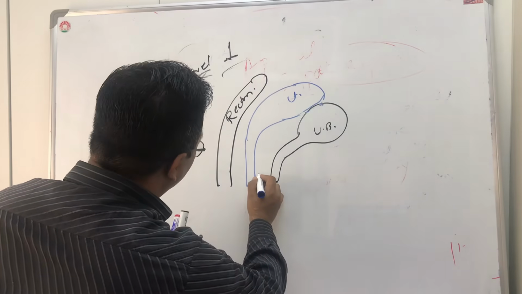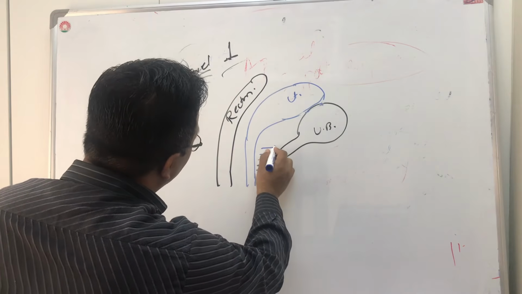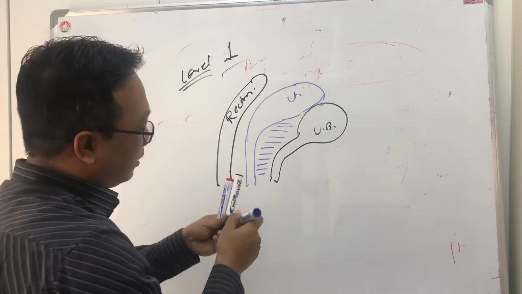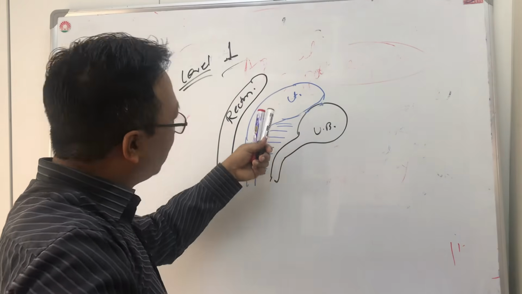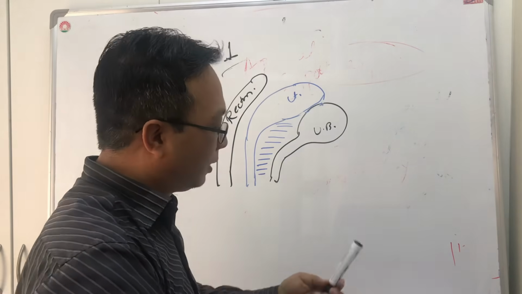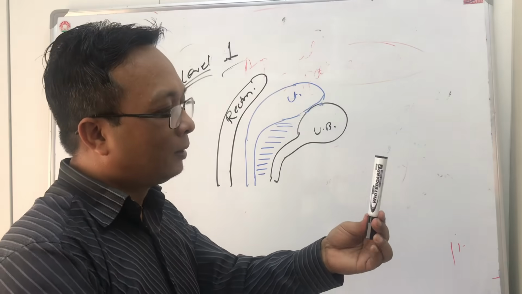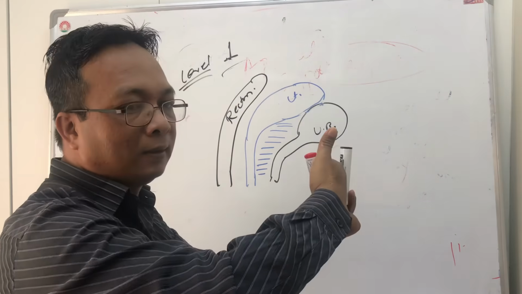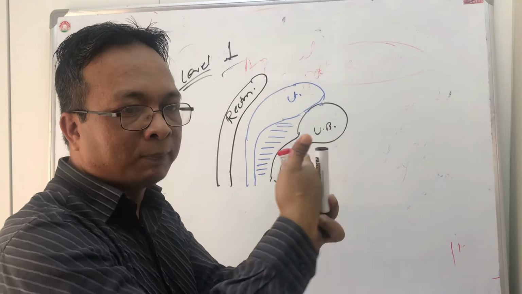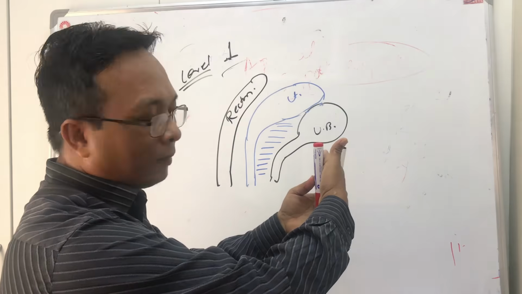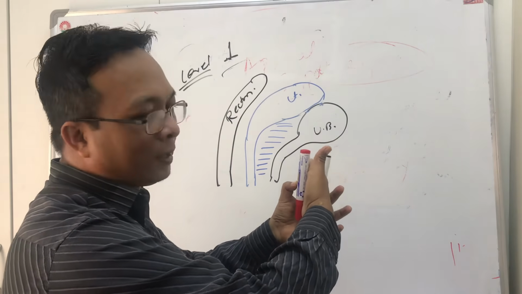So here is a septum, the anterior septum, which differentiates the urinary bladder and the uterus. It is the pubo-cervical septum. So this is the bladder, this is the uterus, and here there is a thin septum, which is maintaining a gap, and as a result the two are separated by the septum.